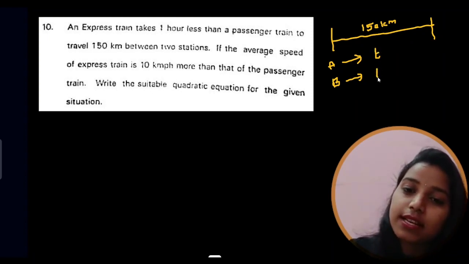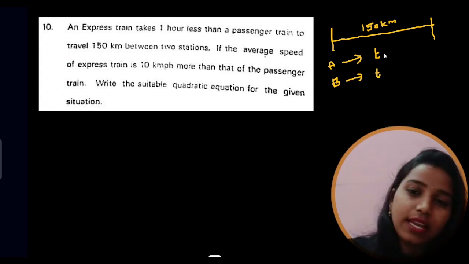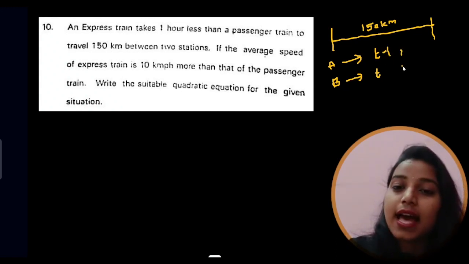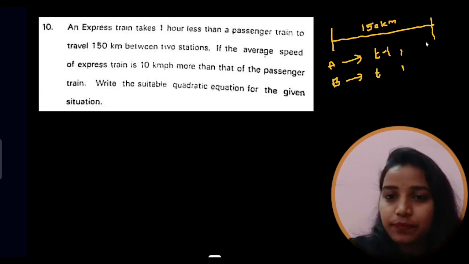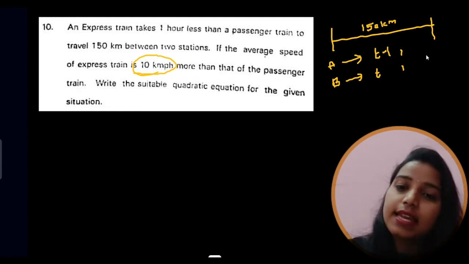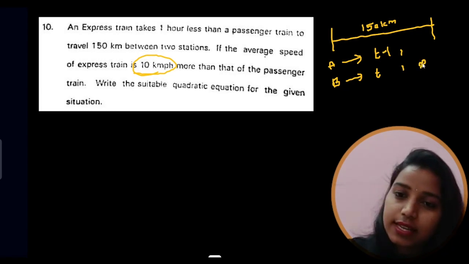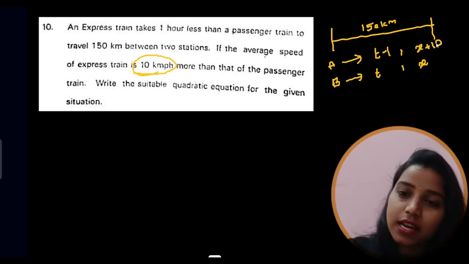So I'm considering the time taken by the passenger train as t. So it is t minus 1 for the express train, right? And when it comes to velocity, the average speed of the express train is 10 kilometers per hour more. That means if I consider the velocity of the passenger train as x, then the velocity of the express train is x plus 10, right?